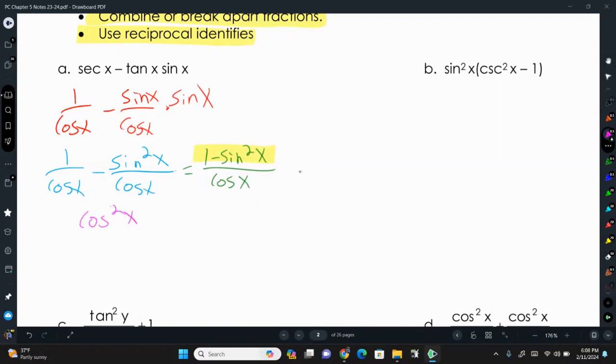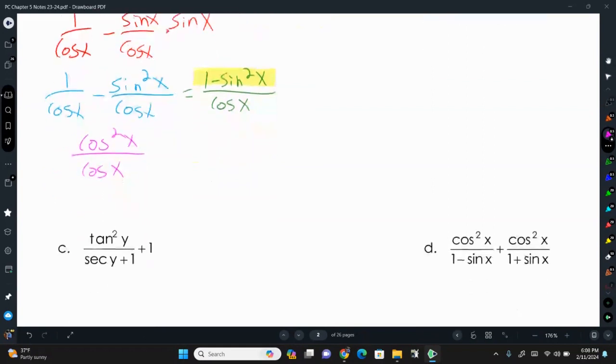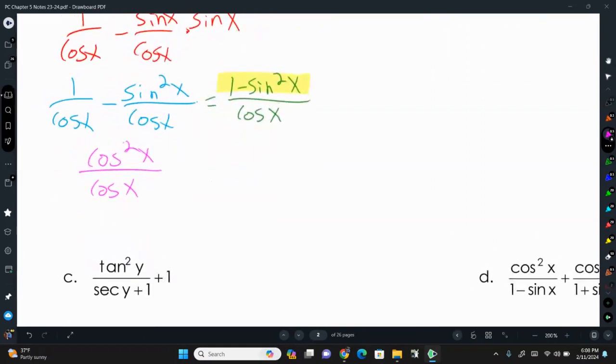So cosine squared of x over cosine x. Now because this is cosine squared of x over cosine x, we can actually cancel one of the cosines in the numerator with the cosine in the denominator. And that will just give us cosine of x as our answer.